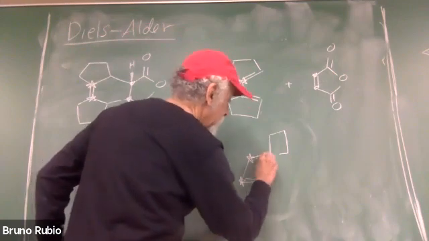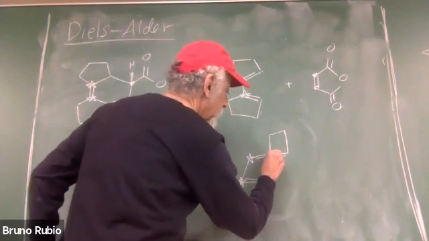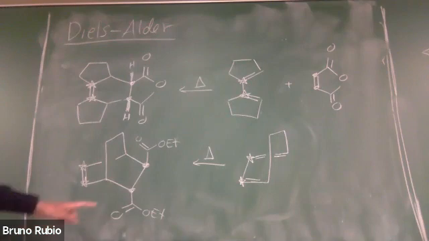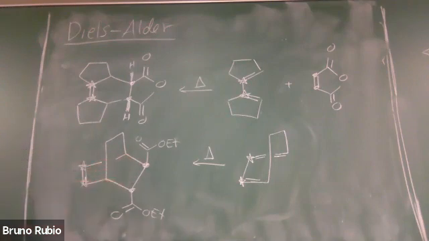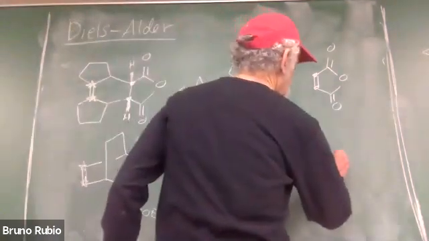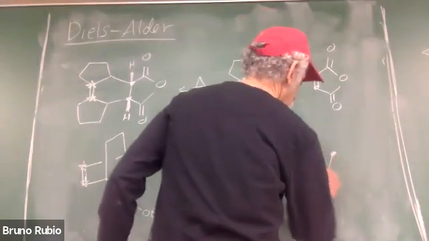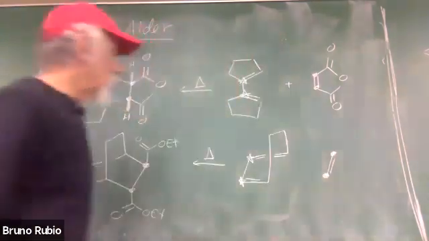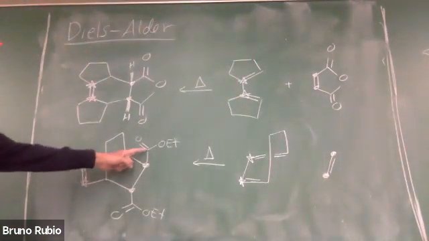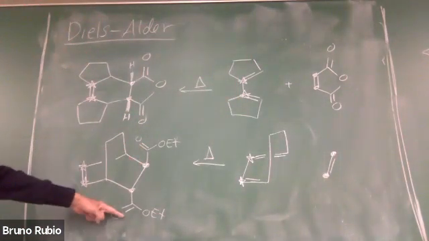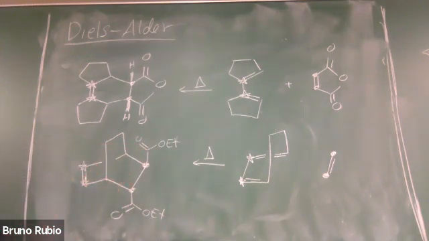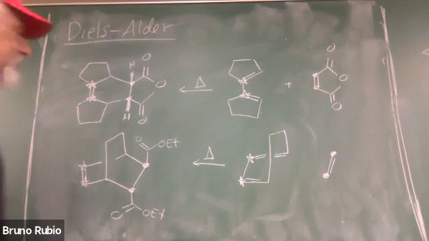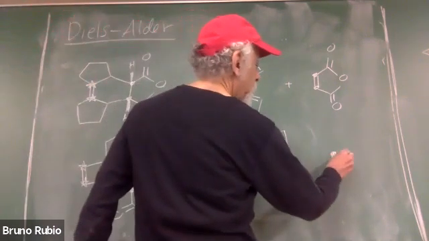Double bond there, double bond there. And these dots, there used to be a double bond in between here. Okay, but notice that I have this trans stereochemistry of the product. That means I had to have that trans stereochemistry in the dienophile as well.